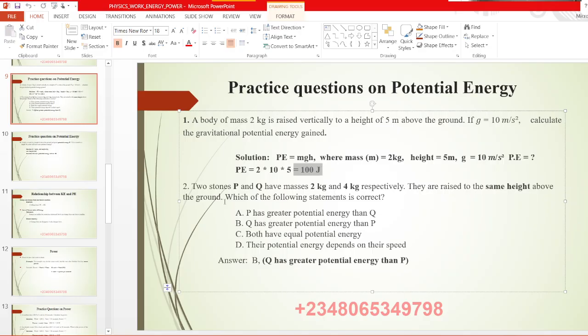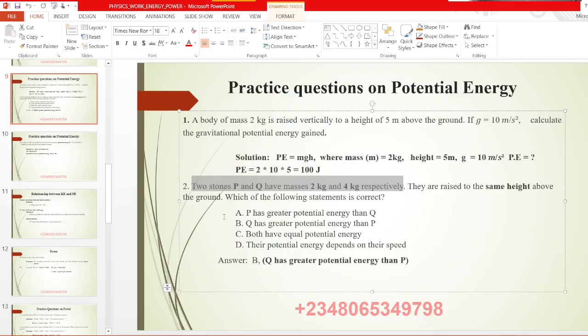Let's look at another technical question. 2 stones, P and Q, have masses 2 kg and 4 kg respectively. They are raised to the same height above the ground. Which of the following statements is correct? 2 stones raised to the same height, that is gravitational potential energy, but they have different masses.